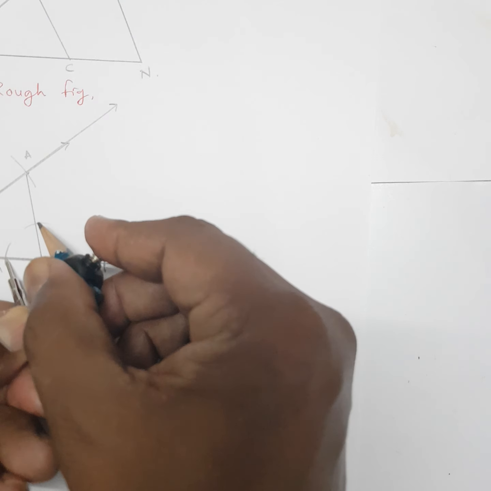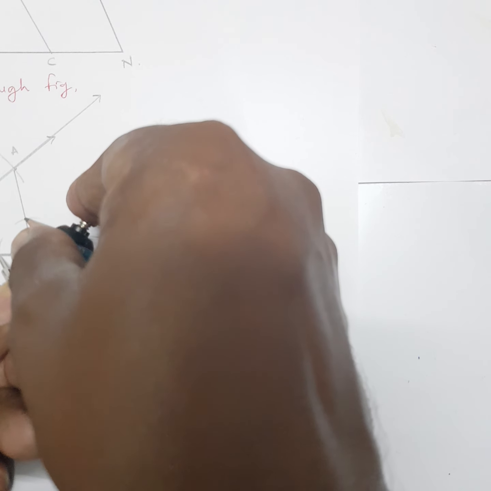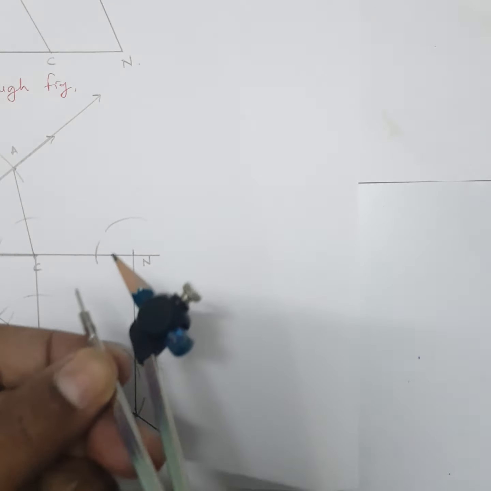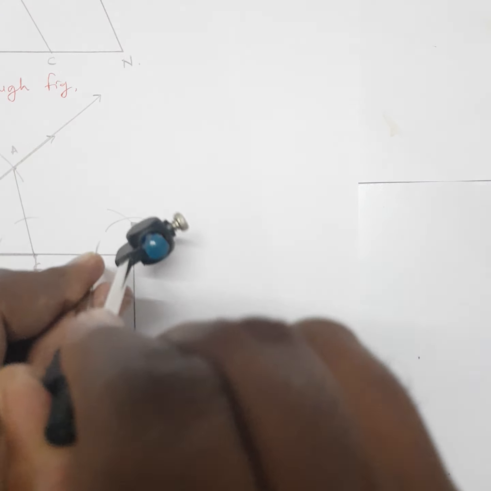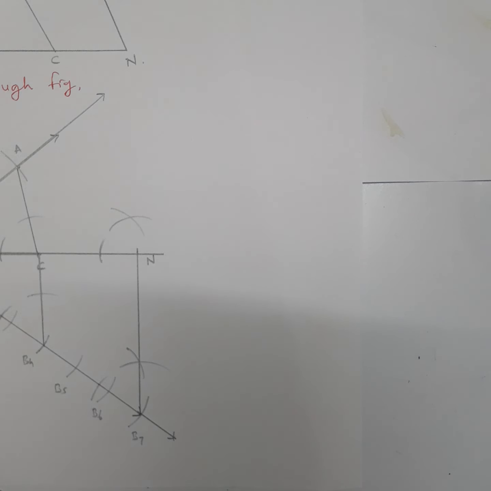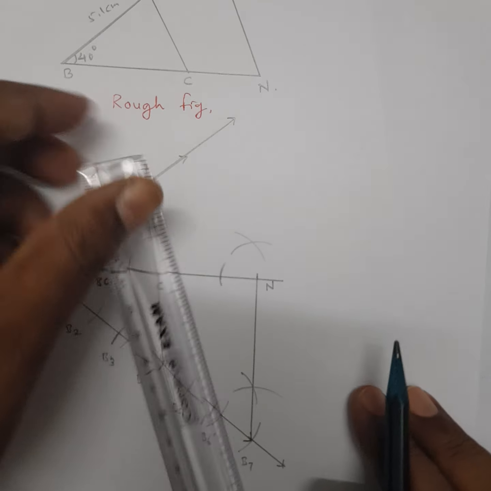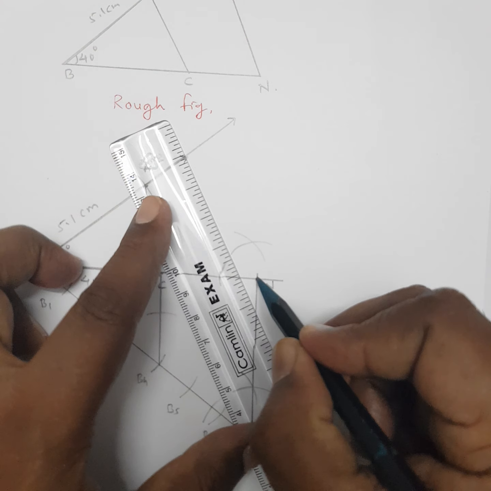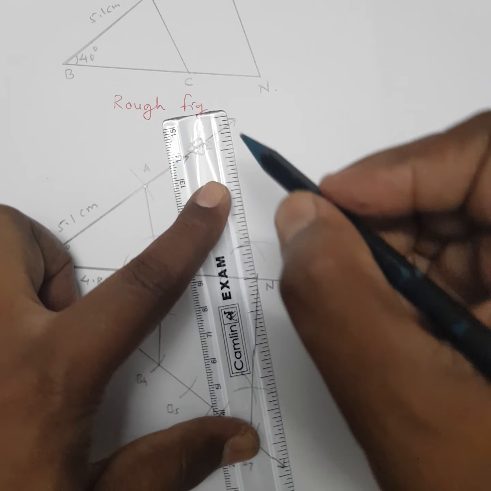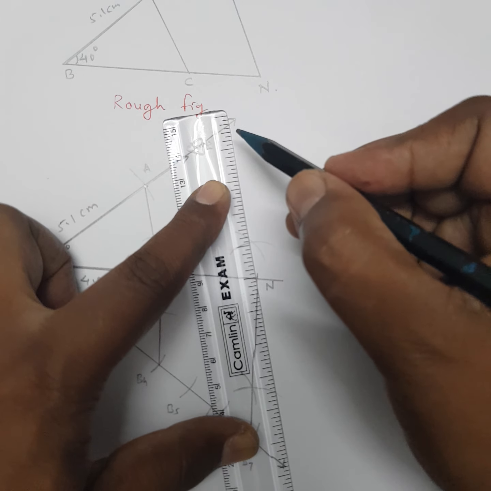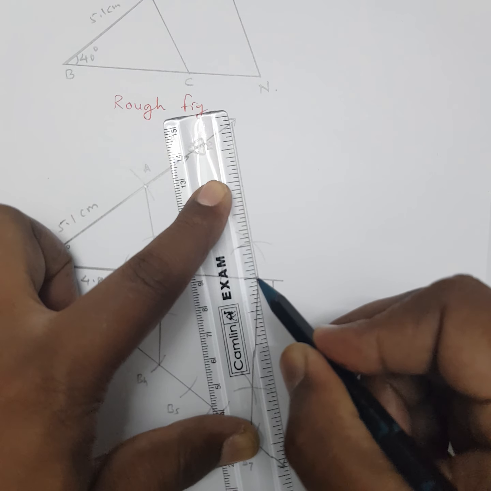Now take the distance between two arcs as it is the distance. Now we will draw intersecting arc here in this way. Now we will draw the line through these 2 points, point N and the intersecting point of two arcs here.